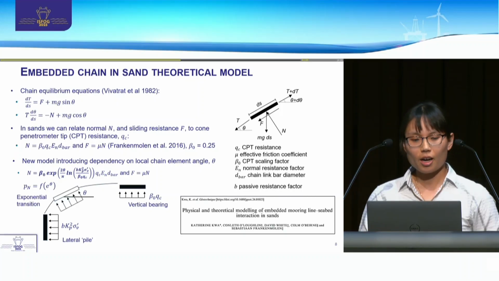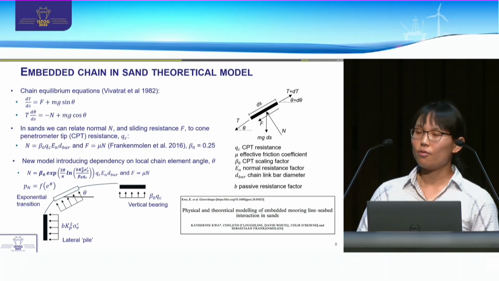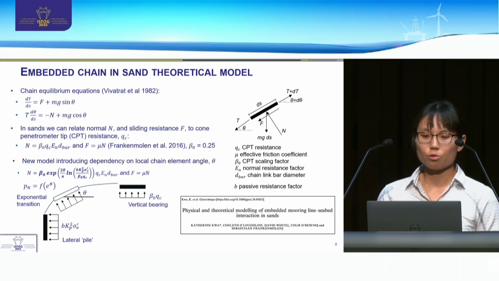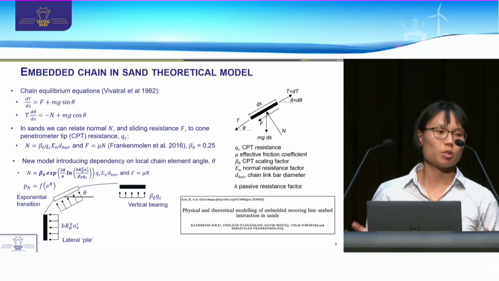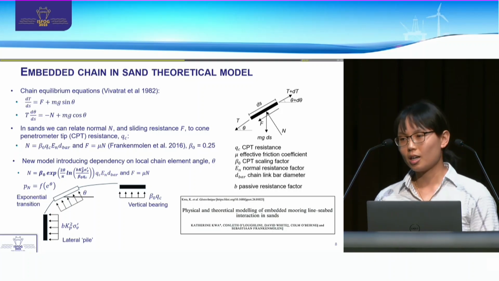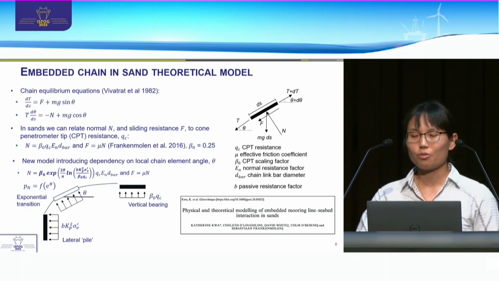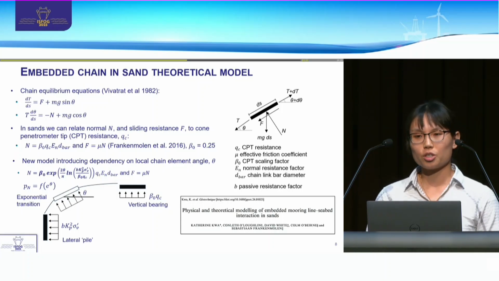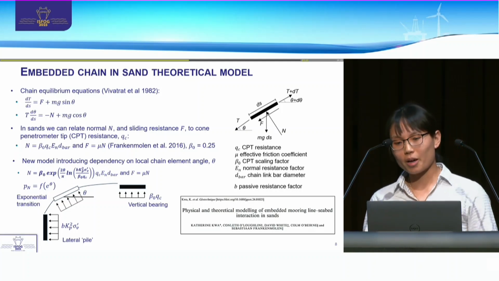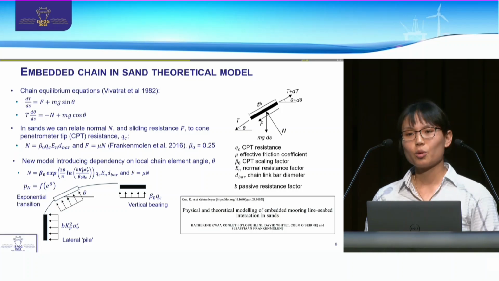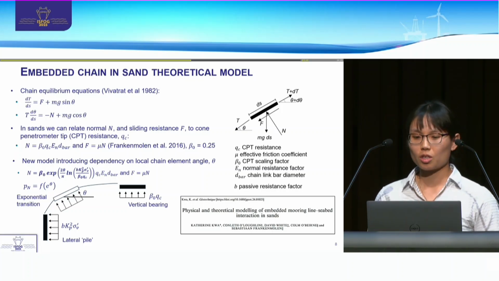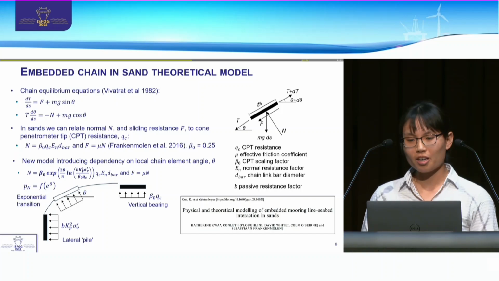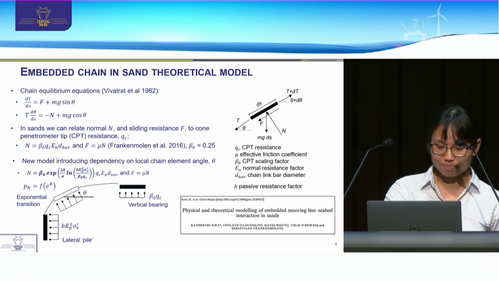And the way that the normal pressure varies with the local chain element angle follows an exponential trend, which is consistent with stress rotation theory, so the change in mean stress through rotation of principal stress direction in frictional materials. You can read more about our new formulation as well as its validation with the centrifuge results in a paper here, which was recently published in Geotechnique.